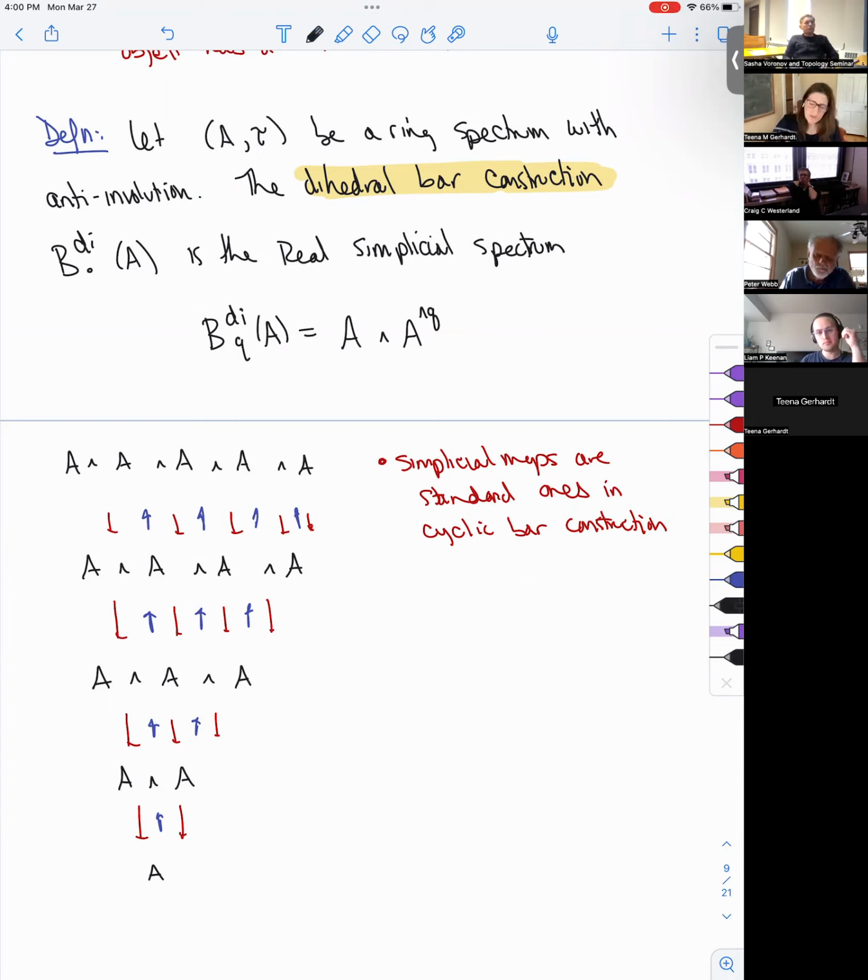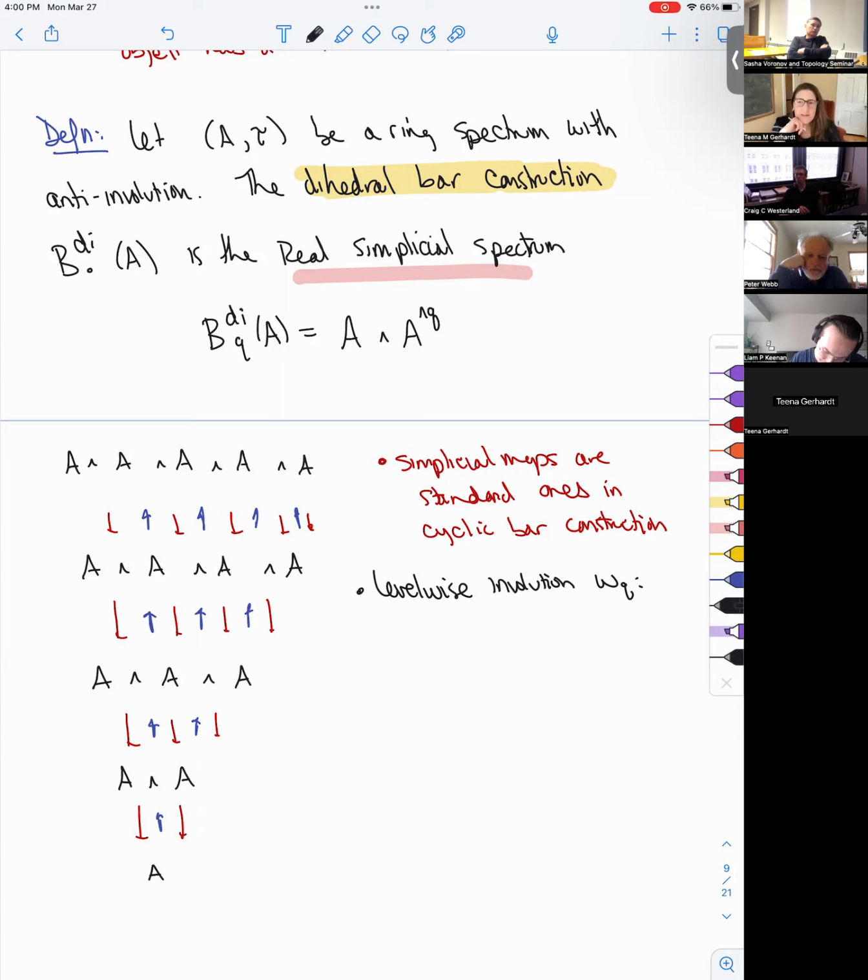But it's supposed to be a real simplicial object, right? That was what my definition said. And so for a real simplicial object, I have to specify an involution at each level. So I need to tell you at level n of this simplicial object, what is the involution? I need to have a level-wise involution at the qth level.